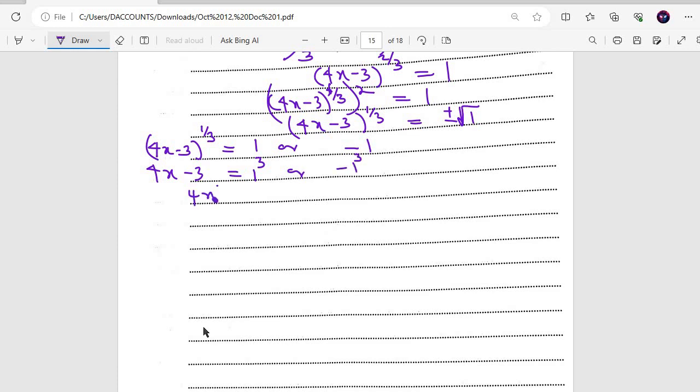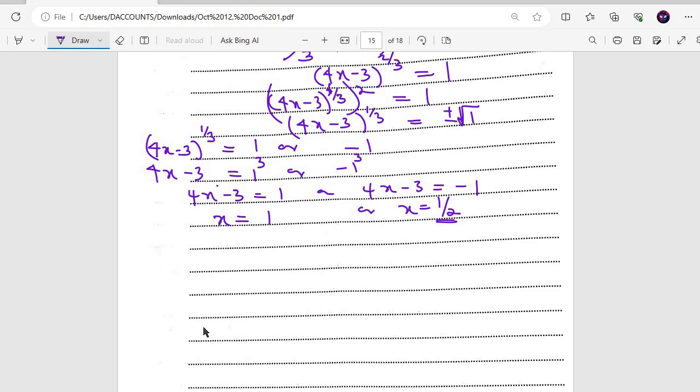So it gives us 4x - 3 equal to 1 or 4x - 3 equal to minus 1. At the end of the day, x here will give us 1, and here minus 1 plus 3, that's 2, so x here will give us a half. These are the two x coordinates of the stationary points.